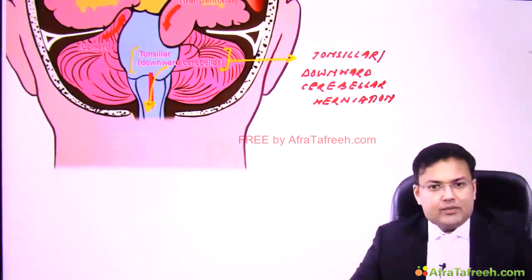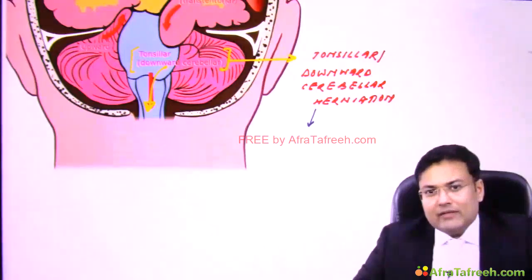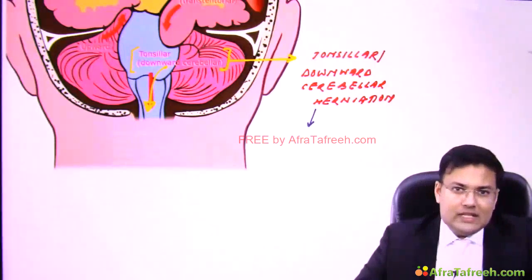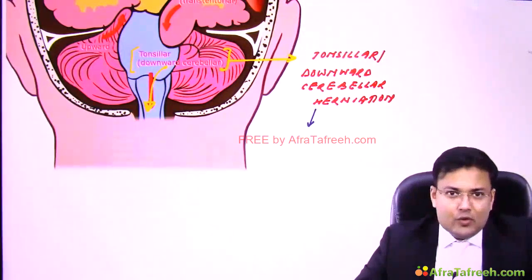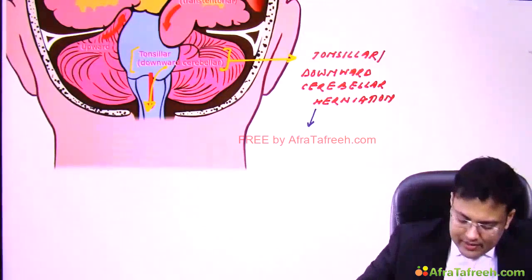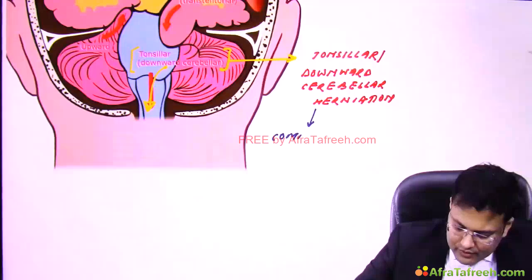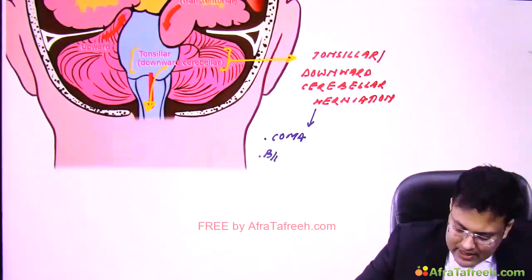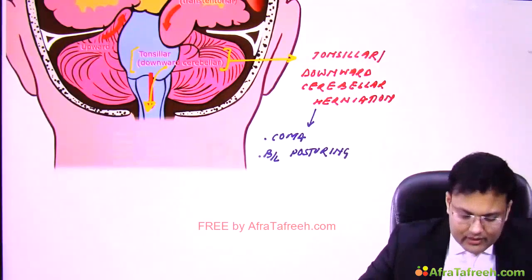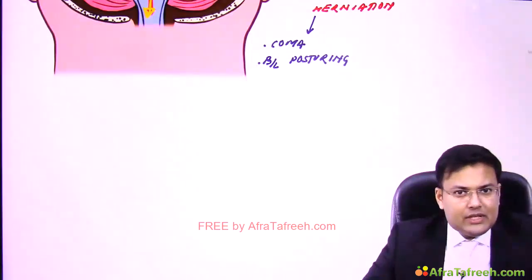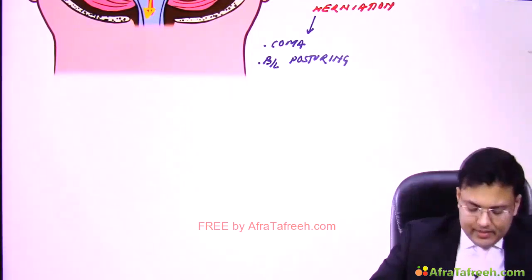Now what is the problem in this case? The patients having tonsillar or downward cerebellar herniation have coma and bilateral posturing. Clear?